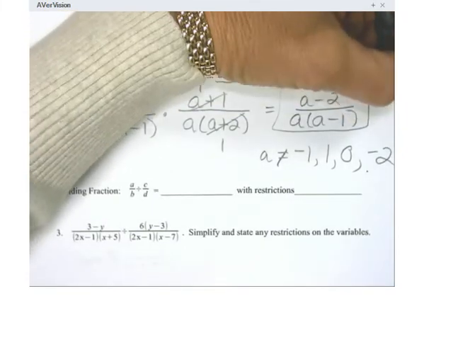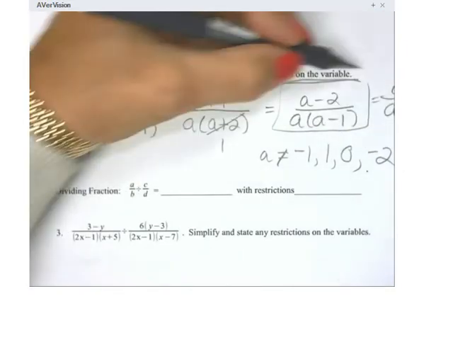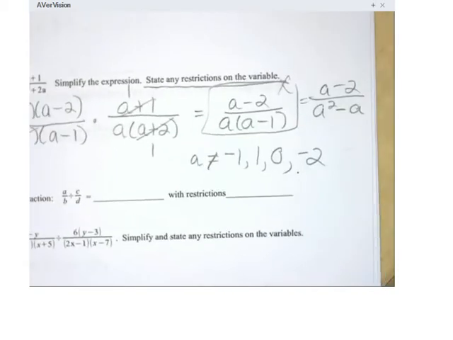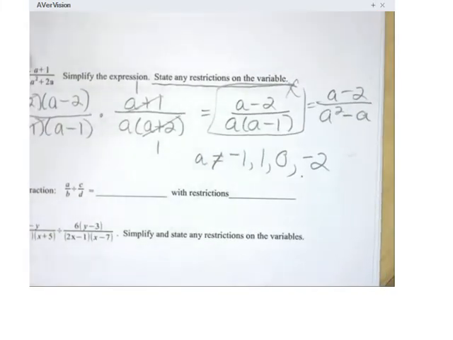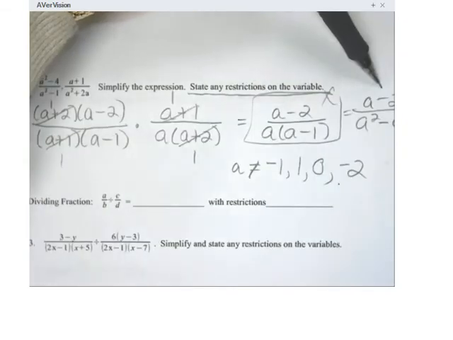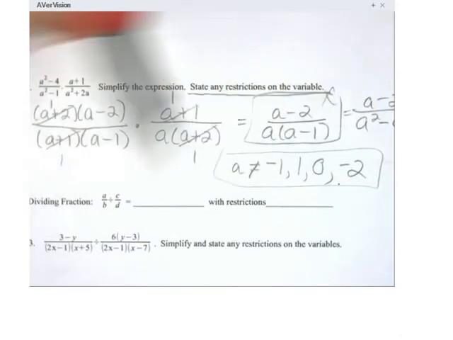You may call it a minus 2 over a squared minus a. However, this answer is sufficient for me. So if you plug numbers into the original expression for a, or into this expression or this expression, they will yield the same answers. Now, these are the only numbers that you're not allowed to plug in.